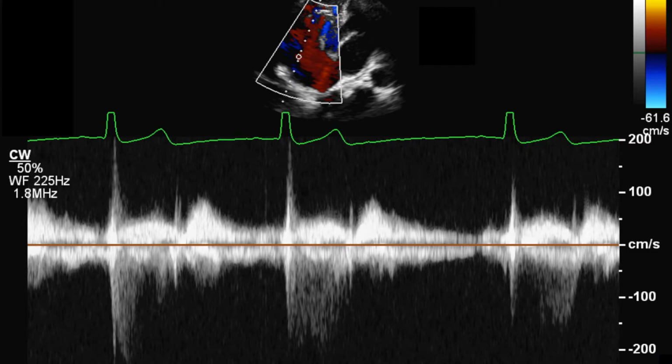This is one example. You can see that the envelopes of the tricuspid regurgitation signal are not well displayed, and there is considerable difference of the peak velocity from beat to beat. And yet, very often, the pulmonary artery systolic pressure was based on such suboptimal signals.